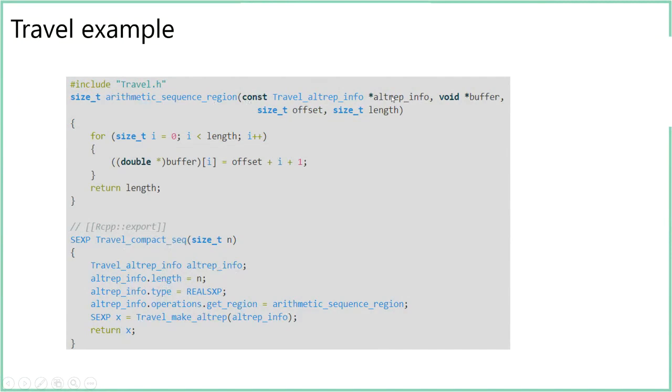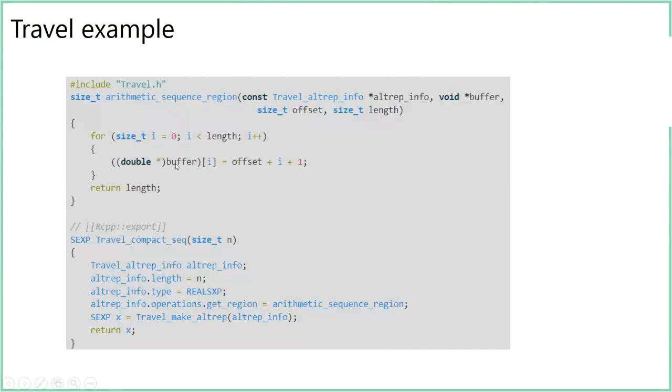The first one is the ALTREP info you just declared. The second is the buffer that is going to hold the region data. The third one is the element offset of the vector. And the last one is the length of the elements that are going to be read into the buffer. In the function body, I just loop over the buffer using a double pointer, because I know that this is a numeric vector.